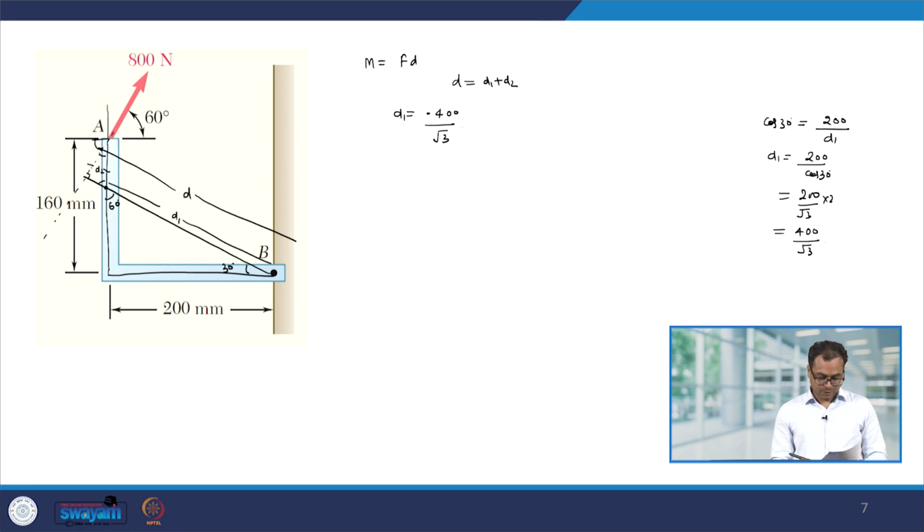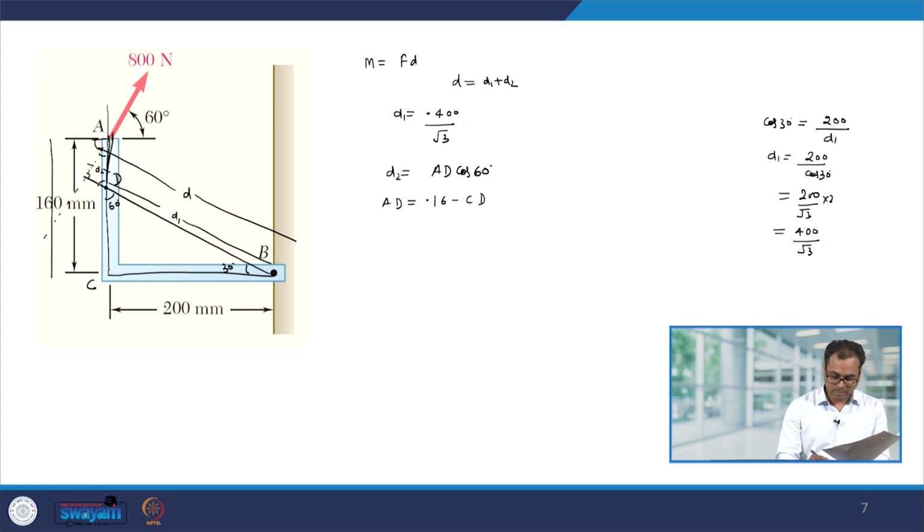Now, to determine d2, let us say that this point is C, this point is D, then d2 will be AD cos 60 degrees, and AD will be 0.16 minus CD, because this is 0.16. So, AD will be this distance minus that distance, and CD we can very easily find out.